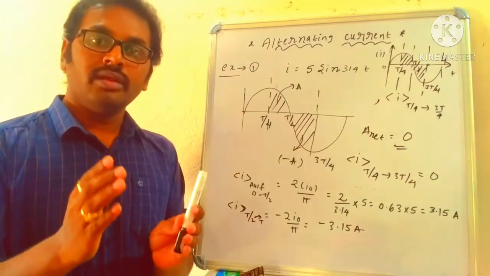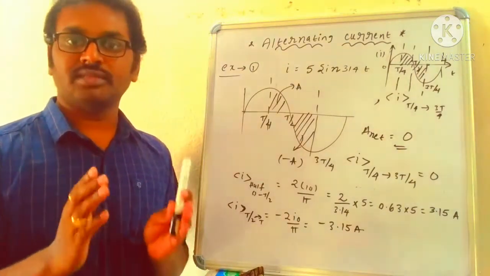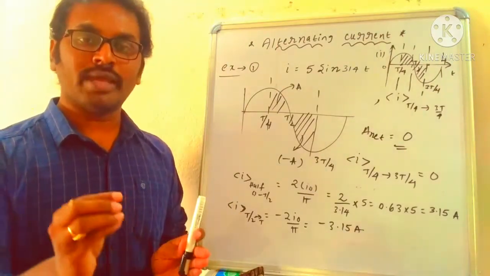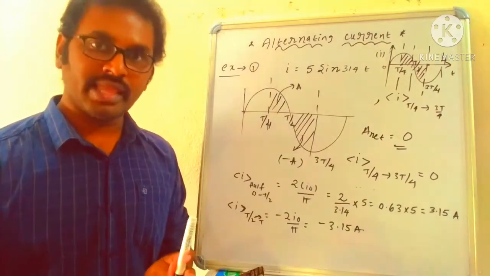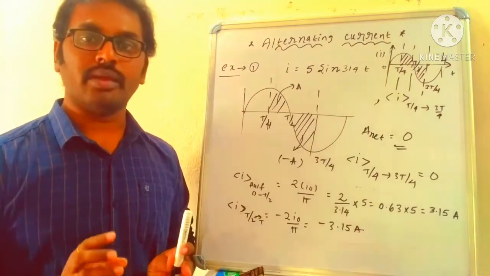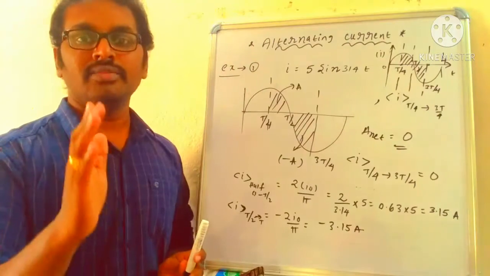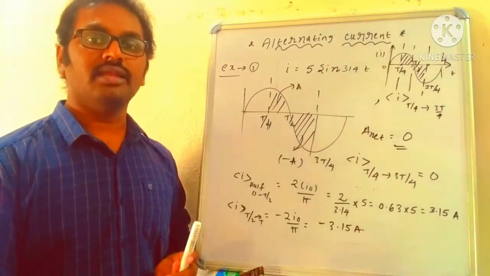It is important which time interval we are choosing. Completely if you are choosing positive cycle, you will get the result 2 I naught by pi. Completely if it is negative cycle, you will get minus 2 I naught by pi. If it is 1/4 positive, 1/4 negative, you will get the average value for the half cycle is 0 again.